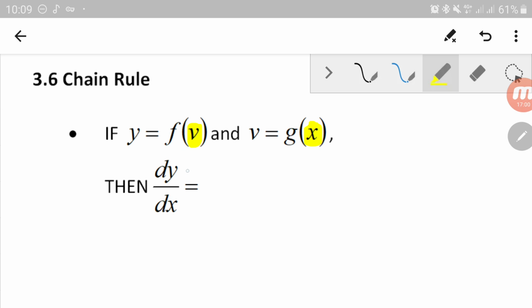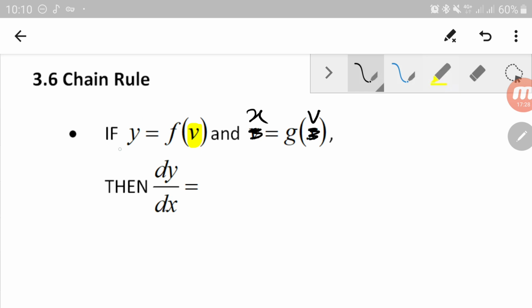Oh, wrong, I made a mistake. It's supposed to be v as well, and then this one is x. Okay, sorry.